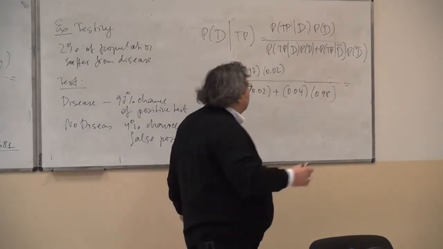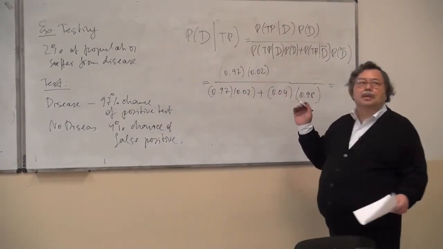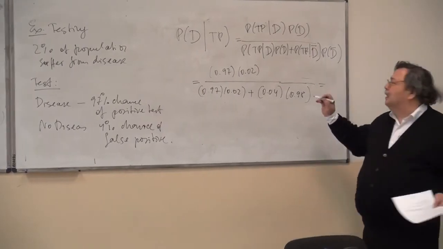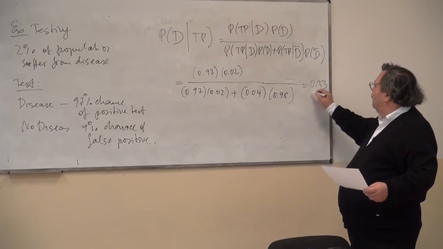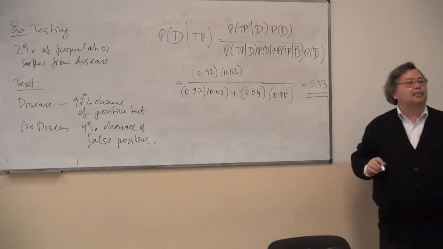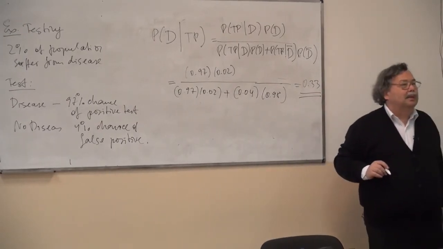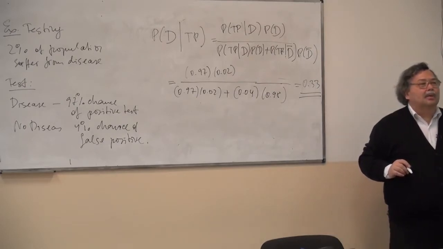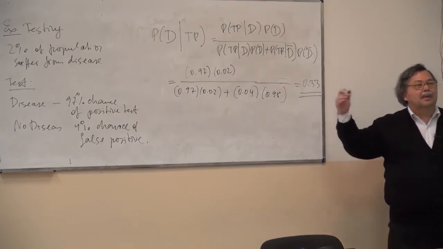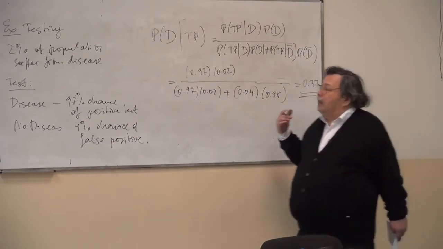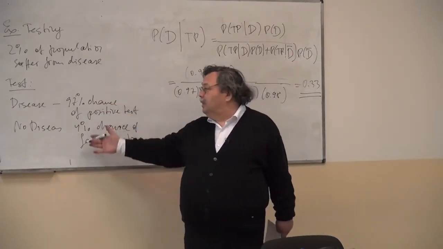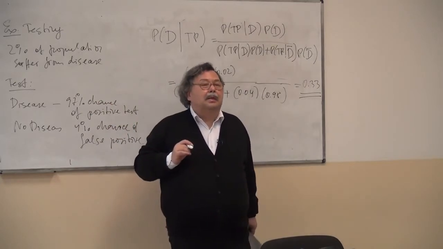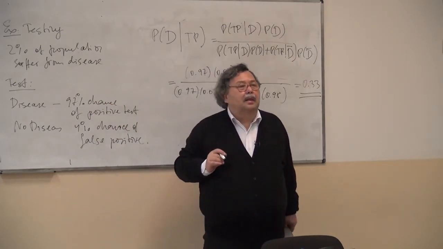The actual answer is, well, to me, it's quite surprising. When I first learned about this stuff, it was quite surprising. The probability is about 1/3, which is not anywhere near 100%. Now, let's look at this again. These figures seem to indicate that the test is quite reliable.